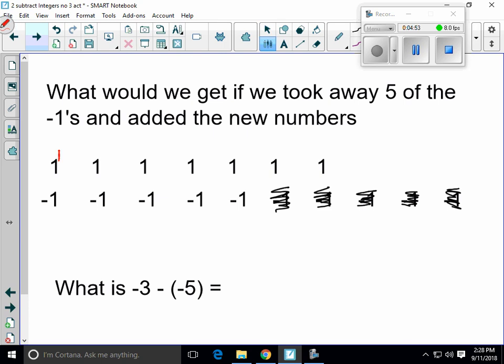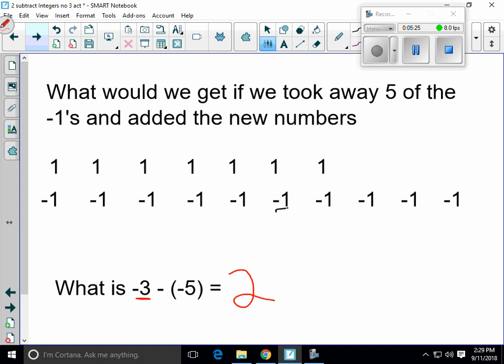Okay, hopefully you remembered you can cancel out or cross out your opposites. And all that's left over is positive 2. I'm going to write that down here. What you just did is your first subtraction problem. Okay. When we started with that original picture, well, that was the picture from the previous problem. That was a picture that represented -3.